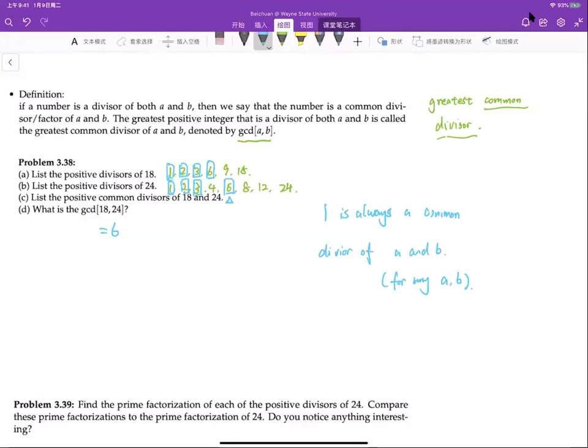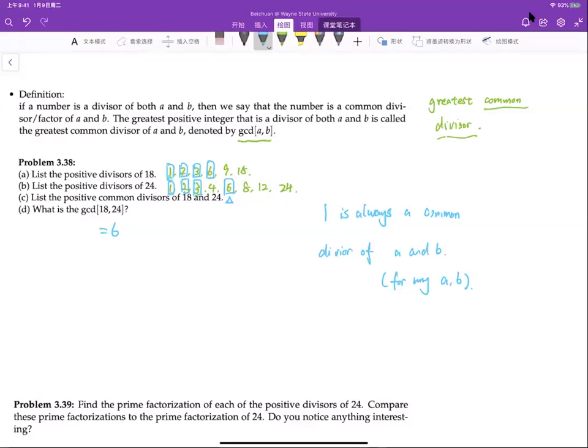So that means such a number, the GCD, always exists. The worst situation will be 1. Sometimes it could be larger, for example, in this case, that's 6.